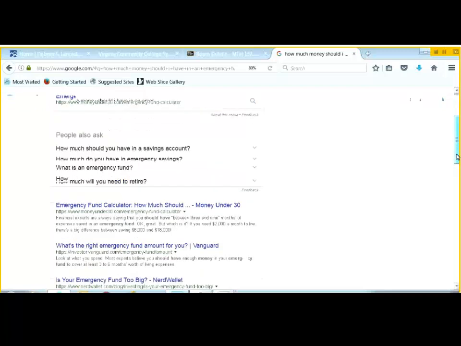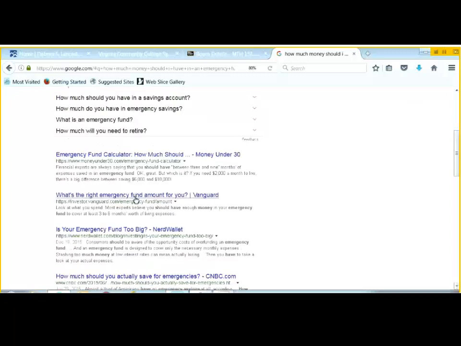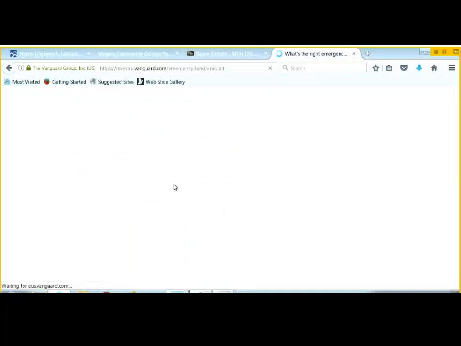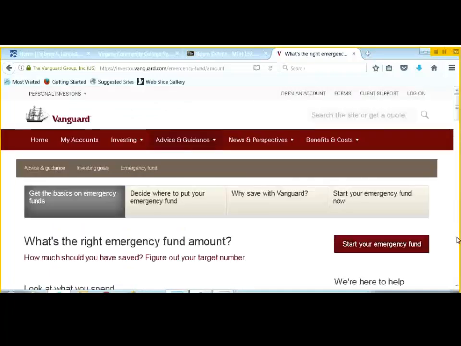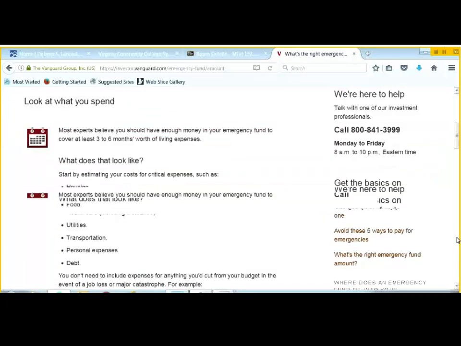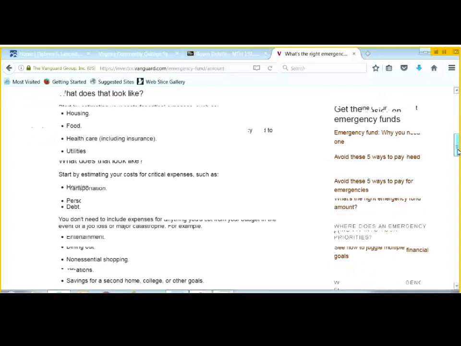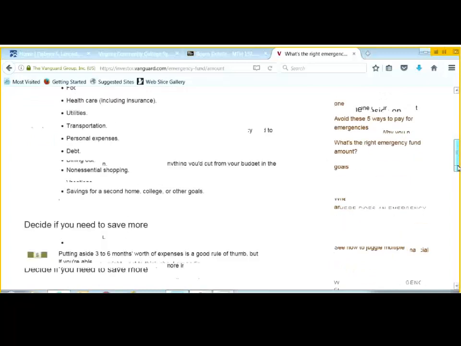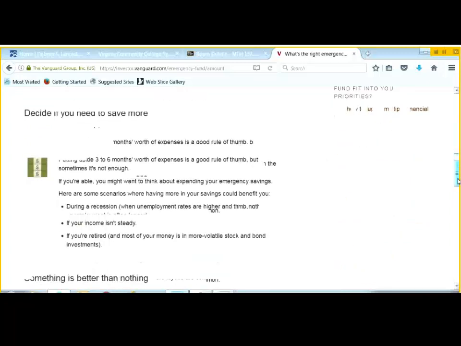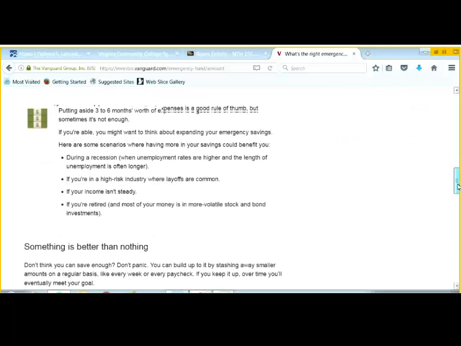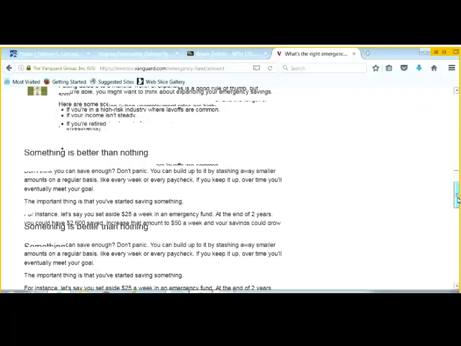I would look for something from somebody who's reputable, like Vanguard. That's a well-known investment fund. Yeah, so they're saying 3 to 6 months worth of living expenses. And it says something is better than nothing.